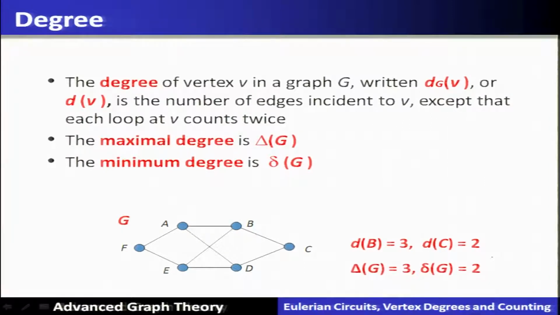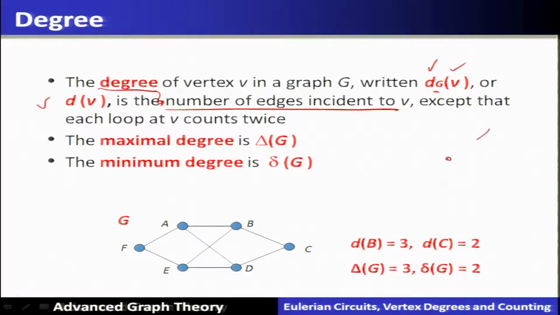So, the degree of a vertex V is written as d of V. Since we are talking about a graph G, we would have to write d G of V, but if only one graph is considered in the problem, then we directly write d of V. Degree of a vertex means the number of edges which are incident to that particular vertex.